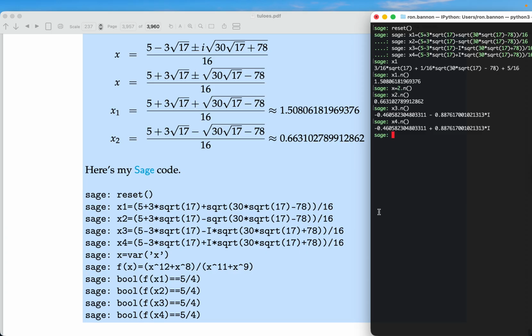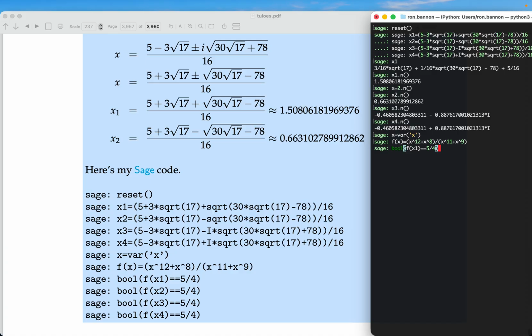So let me go back, and I'm going to define the variable x now. I'm going to type in the f of x. We did this before, so I have it in my memory. And then I'm going to ask Sage, is it really true? Those numbers that I came up with, is it really true? Boolean. And then it's going to be f of x1, is that identical to what they said it was, which is 5/4?